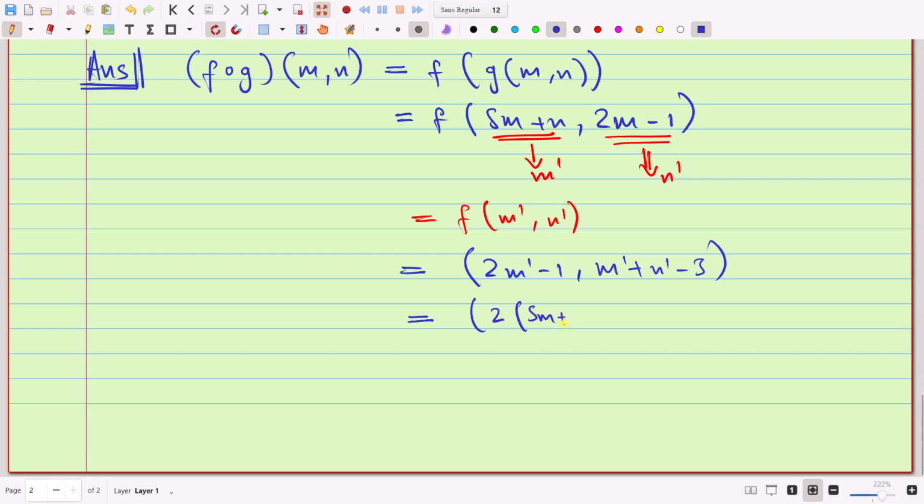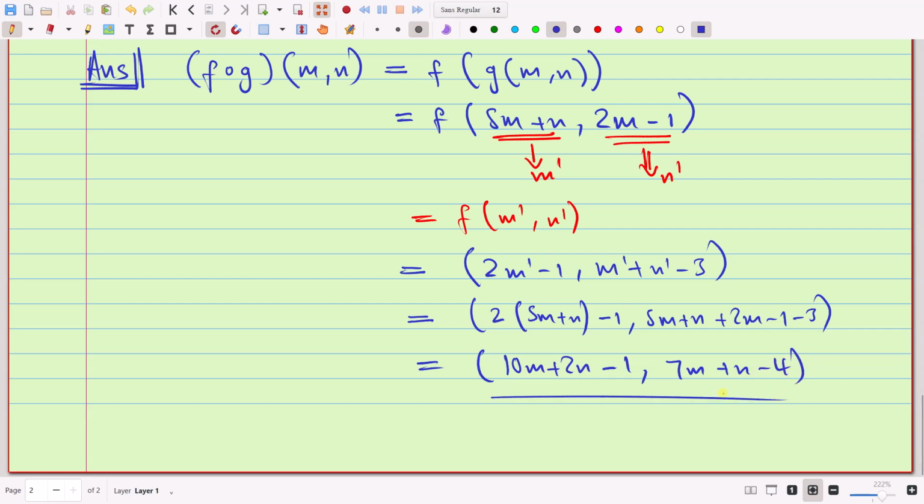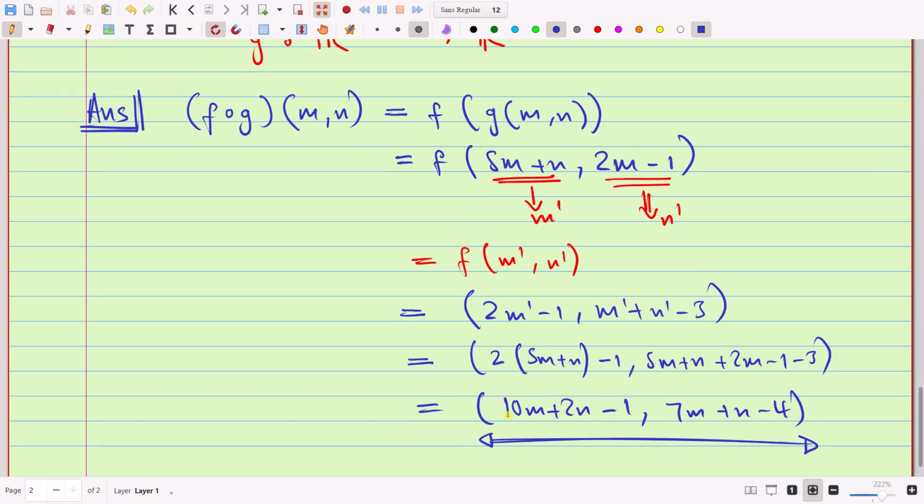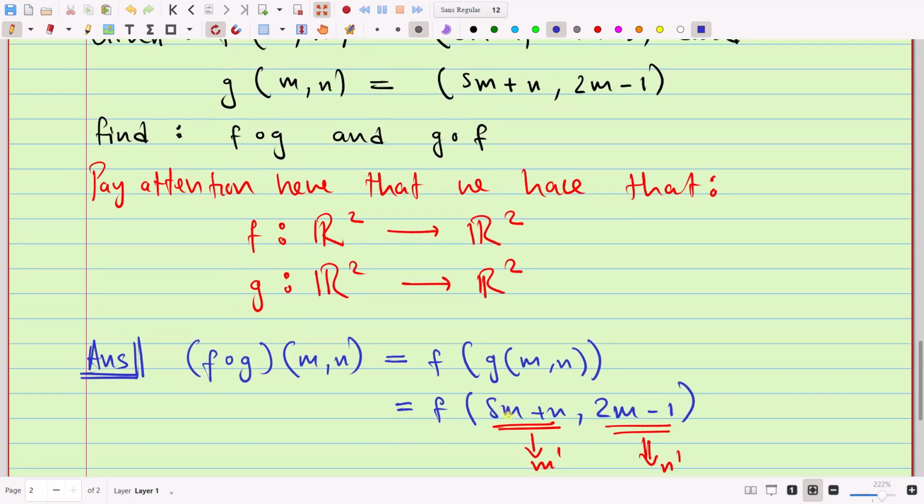But we know m prime is 5m plus n, and n prime is 2m minus 1. So you have 2 times (5m plus n) minus 1, then m prime again, 5m plus n, plus n prime, 2m minus 1, then minus 3. When we simplify, we get 10m plus 2n minus 1, and 7m plus n minus 4. This is the output of that composition.